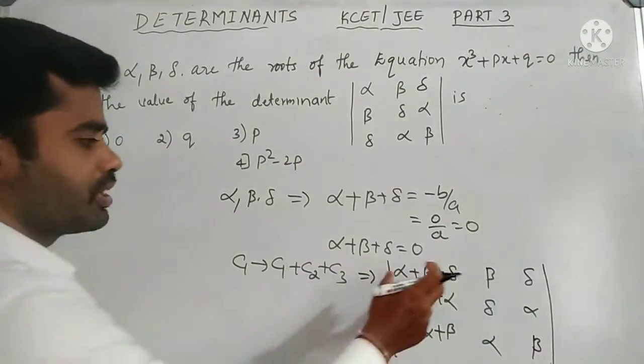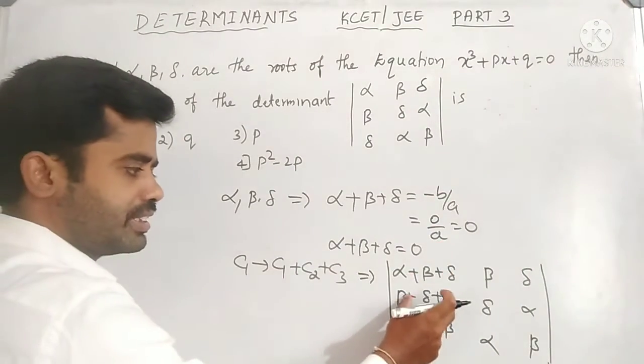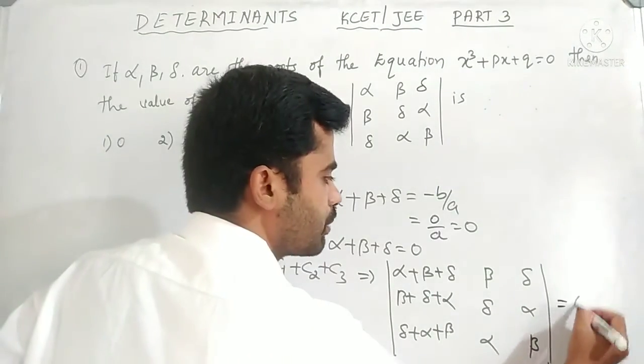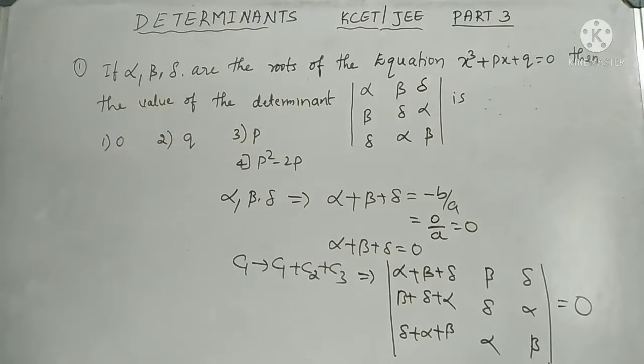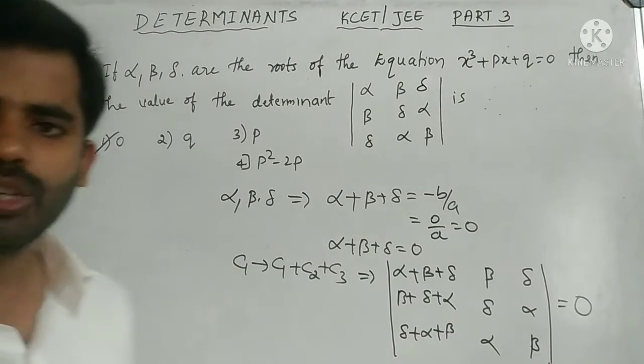Now we know alpha plus beta plus delta is 0, so the first column is 0. Then the value of the determinant is equal to 0. Which option is right? First option. Let me move on to the next one.